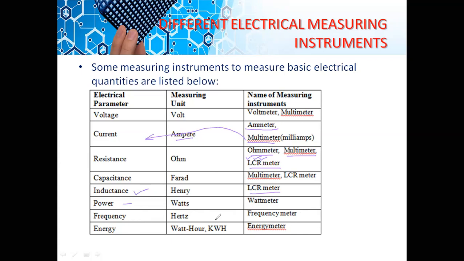The unit of energy is watt hour or kilowatt hour. Everybody must be having a meter box outside the house which includes an energy meter. The energy meter records the number of units consumed by the house.